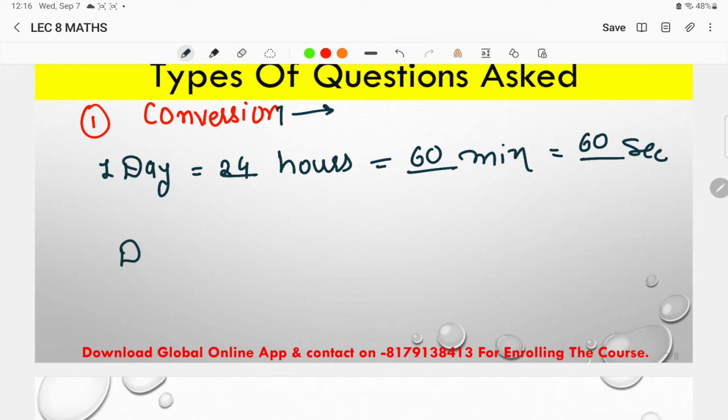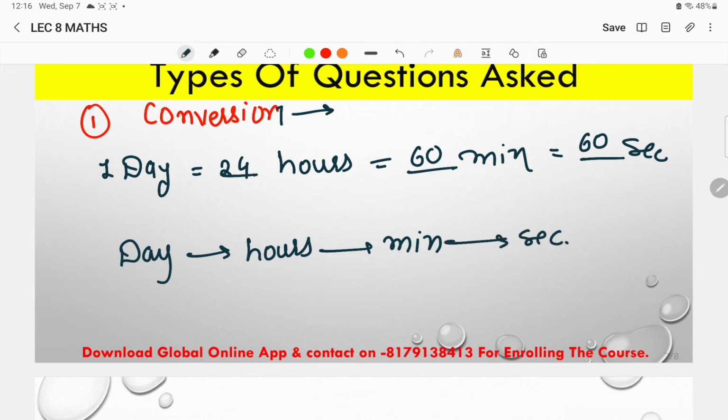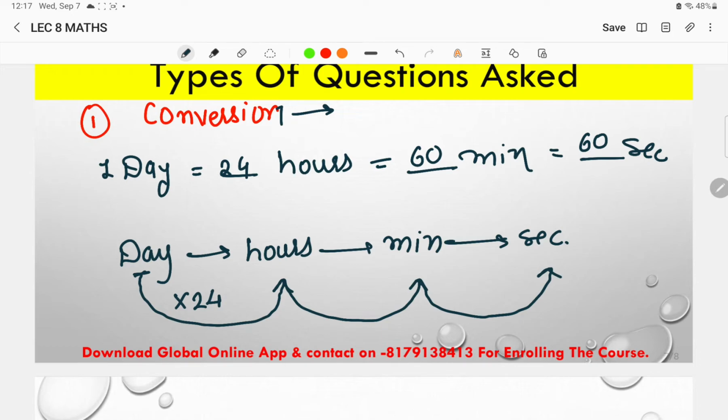That is, we are converting day into hour, hour into minute, minute into second. This is one kind of trick that we have to follow. When we convert days into hours, we will multiply by 24.